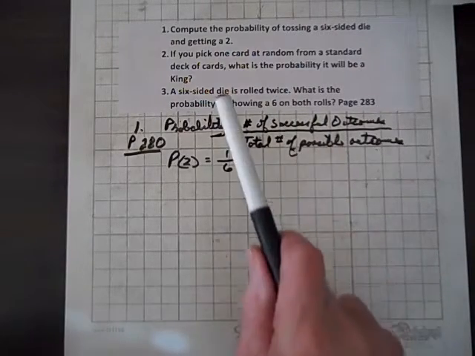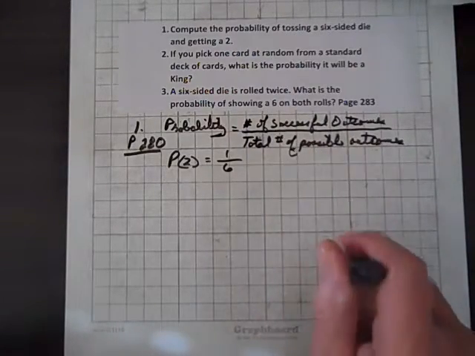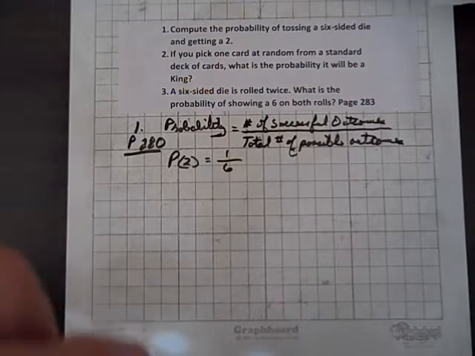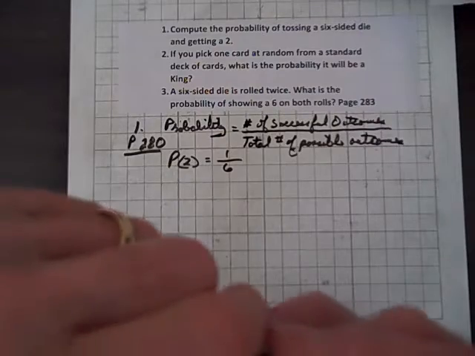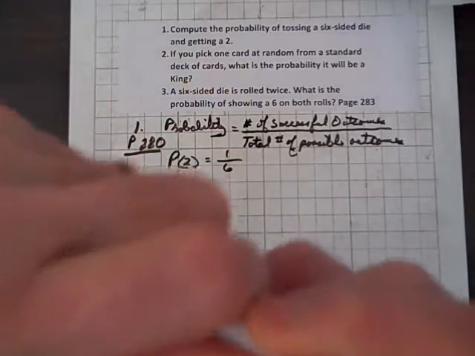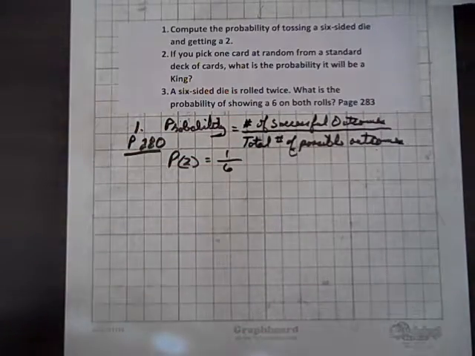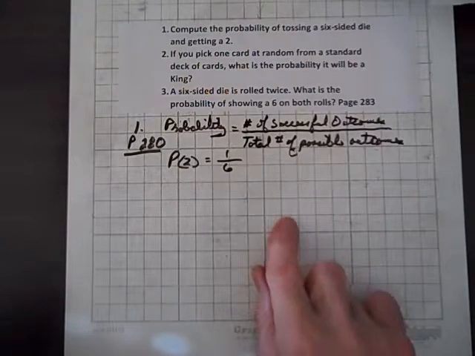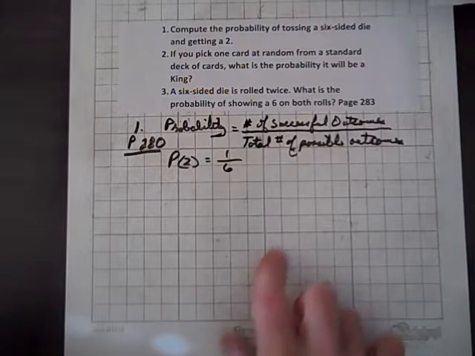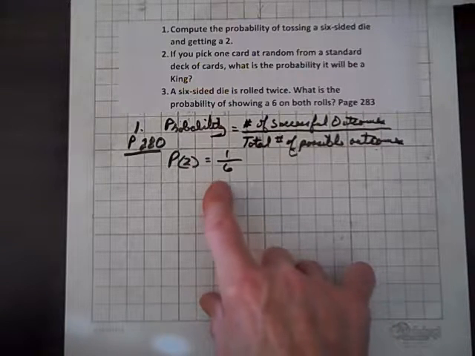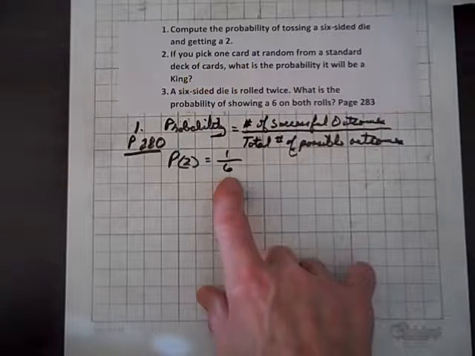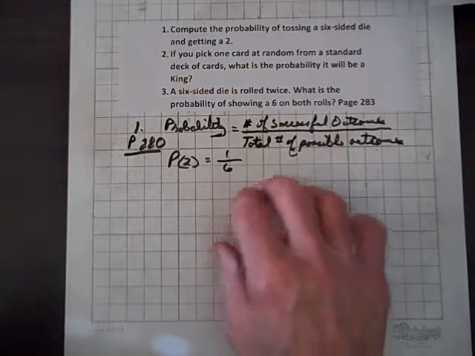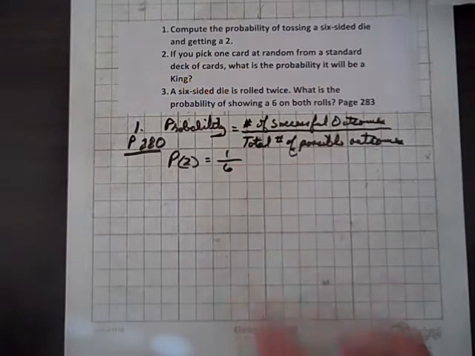So our first question is, compute the probability of tossing a six-sided die and getting a 2. The number of successful outcomes is a 2, and there's only one 2 on a six-sided die. The total number of possible outcomes is 6, because there are 6 different numbers on a six-sided die, so the probability is 1 over 6.